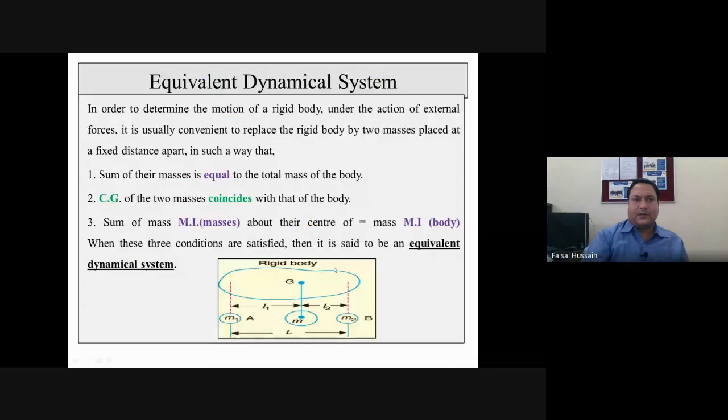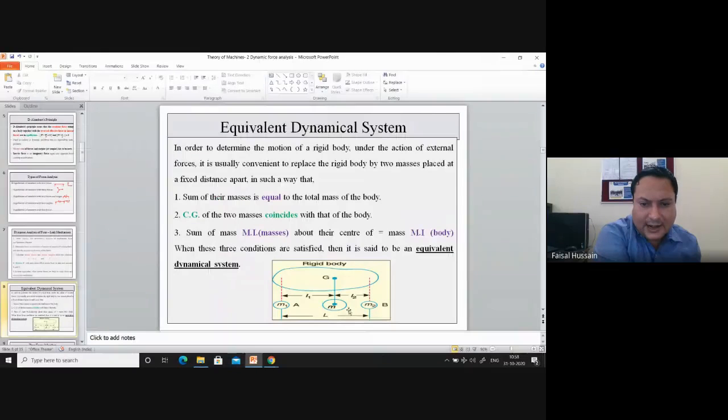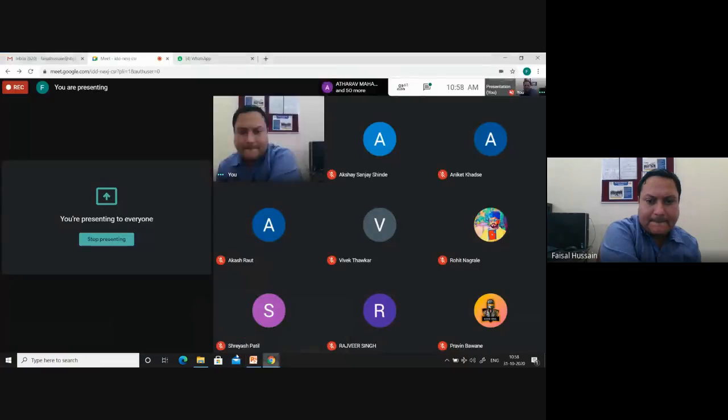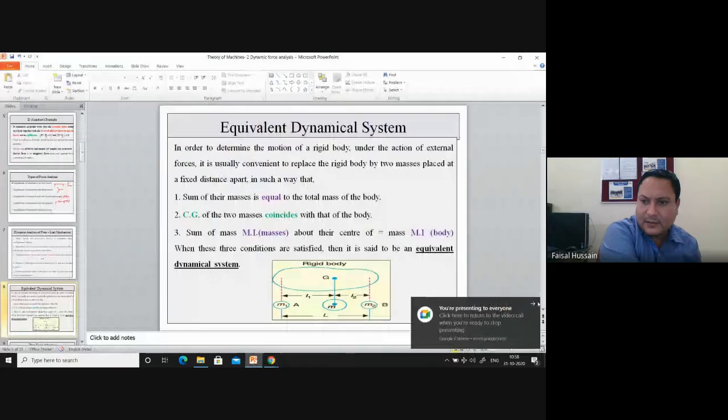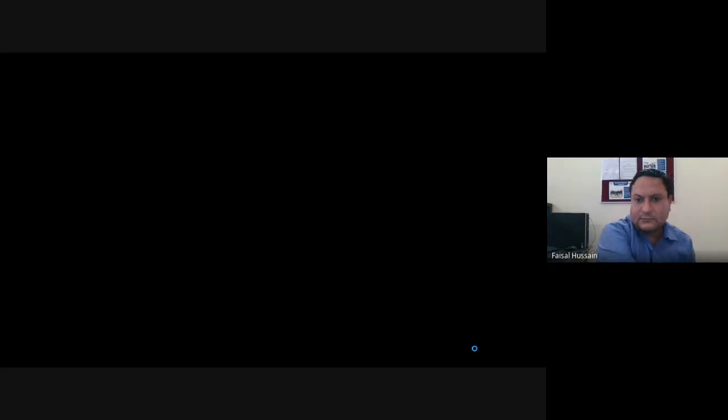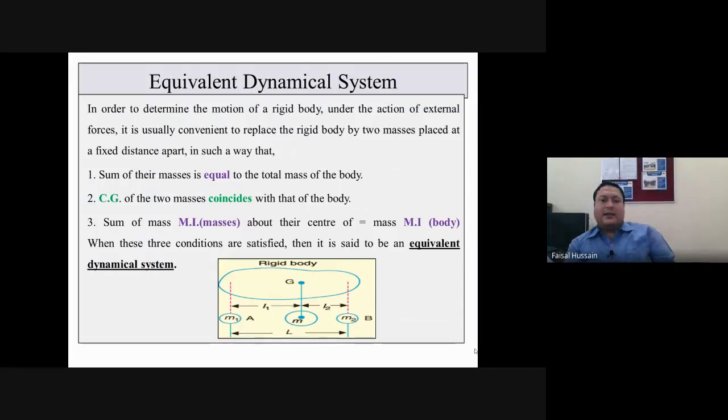Now, equivalent dynamical system. Now, what is equivalent dynamical system? In equivalent dynamical system, there are three conditions which have to be satisfied in a system.